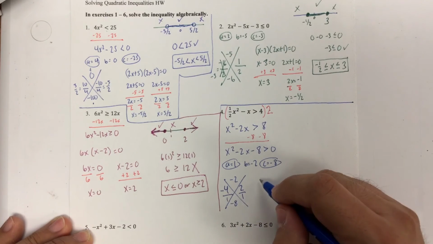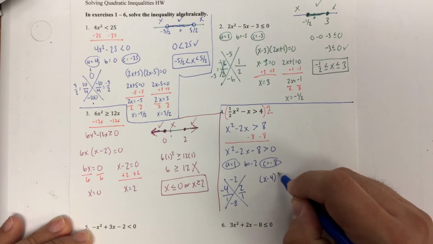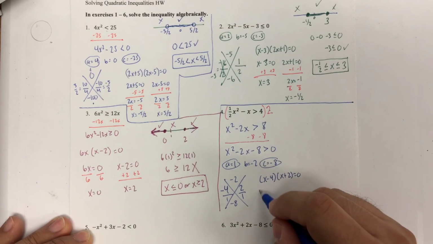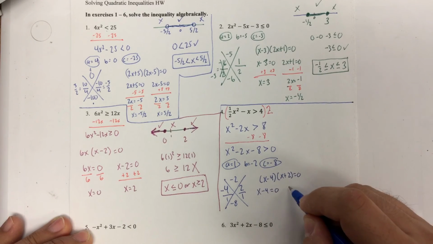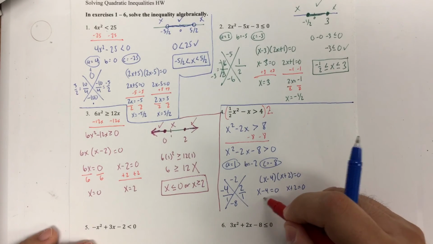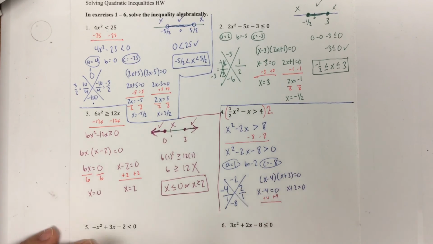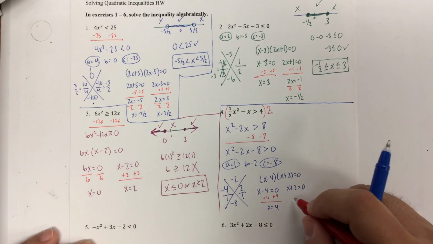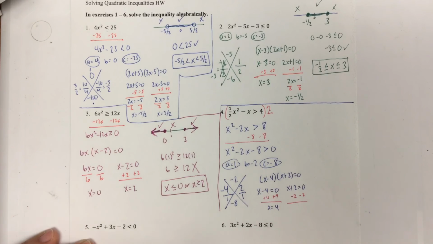So negative 4 divided by 1 is minus 4, so x minus 4. 2 divided by 1 is 2, so that's x plus 2. Just like before, so now the process is just repeating. We set our factors equal to 0, and we solve for x. So for the first one, I add 4, and that gives me the solution of x is equal to 4. For the second one, I take away 2, and x equals negative 2.